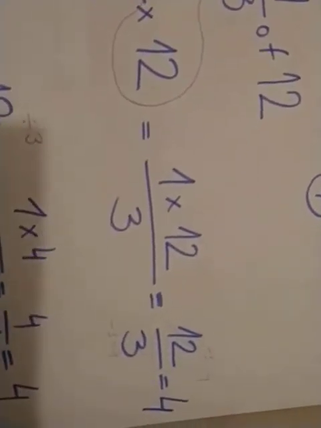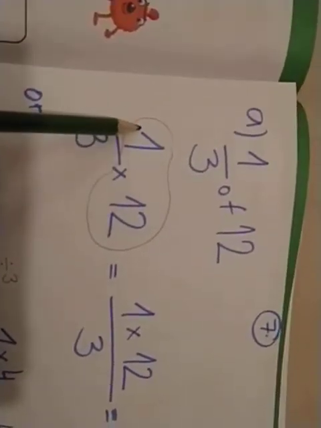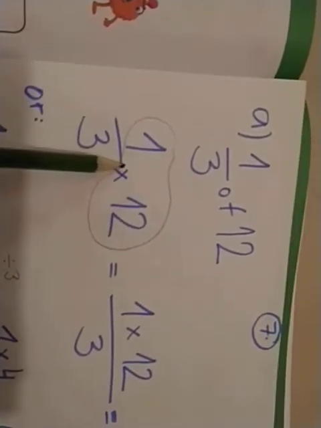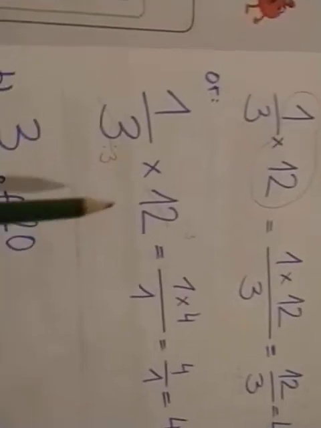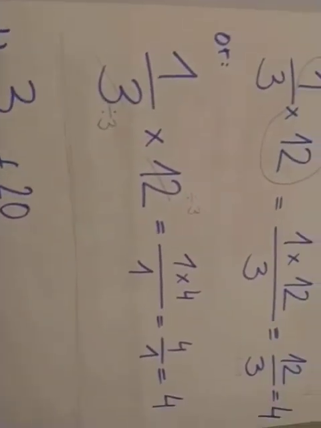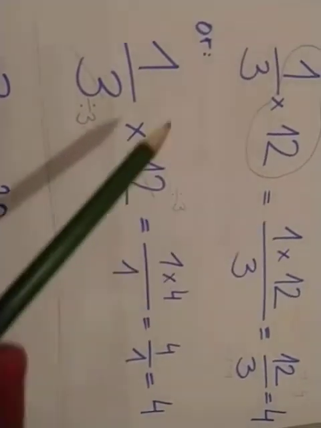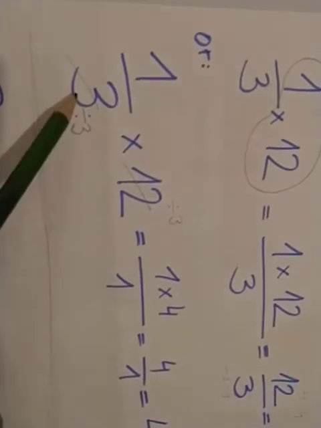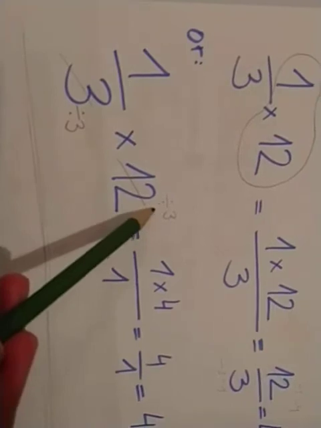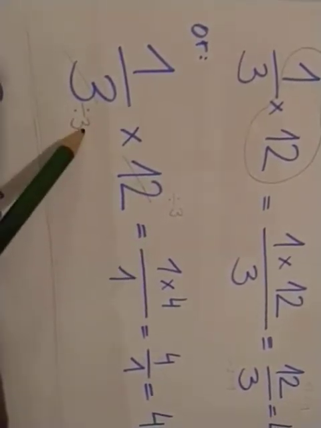Yes, this is something that you know. So this is one method, where I just multiply the numerator and the whole number. But it is better if you simplify it, because then you are not working with such big numbers and high multiplication. So you get 1/3 times 12, and 3 and 12 you can simplify. You can divide 12 by 3 and 3 by 3.